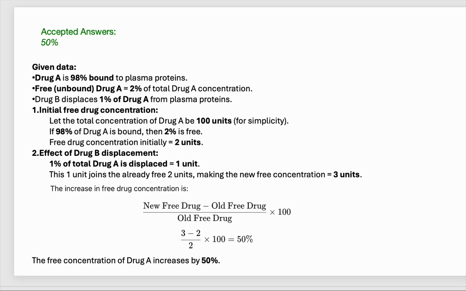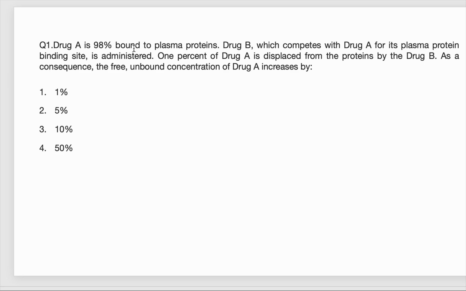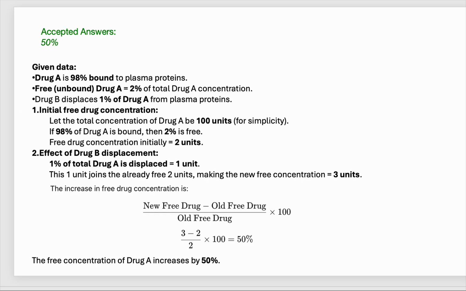And from the question, we know that 98% was bound, so the old free drug unit would be 2. So 3 minus 2 divided by 2, so it's 1 by 2. And because we want to convert it into percentage, we multiply it by 100. So we know that the increase is 50%.